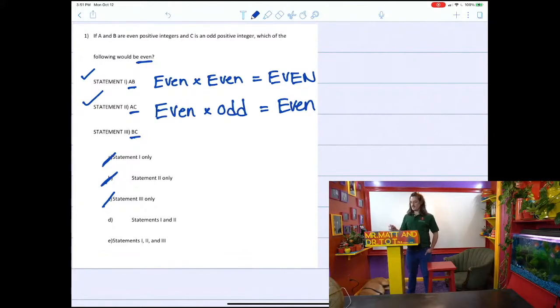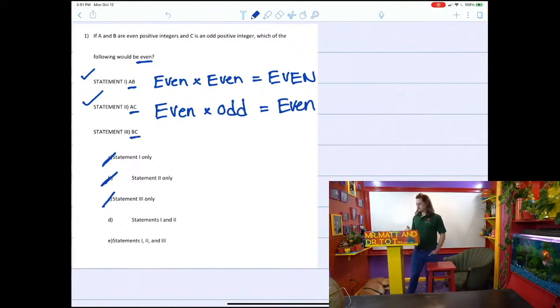If you know that statements 1 and 2 are true, then any selection that doesn't include those would necessarily be false. So you can use one statement being true or false to eliminate multiple answer selections.